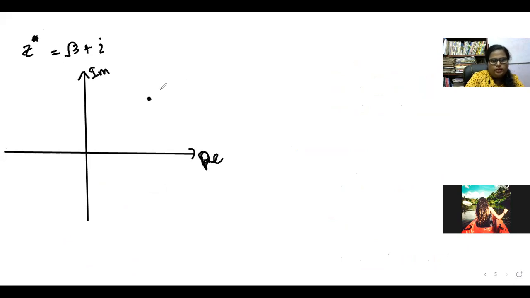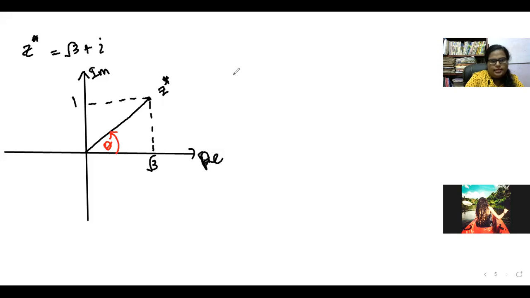So Z star here has real part square root 3 and imaginary part 1. To get the arc, you have to calculate this angle.